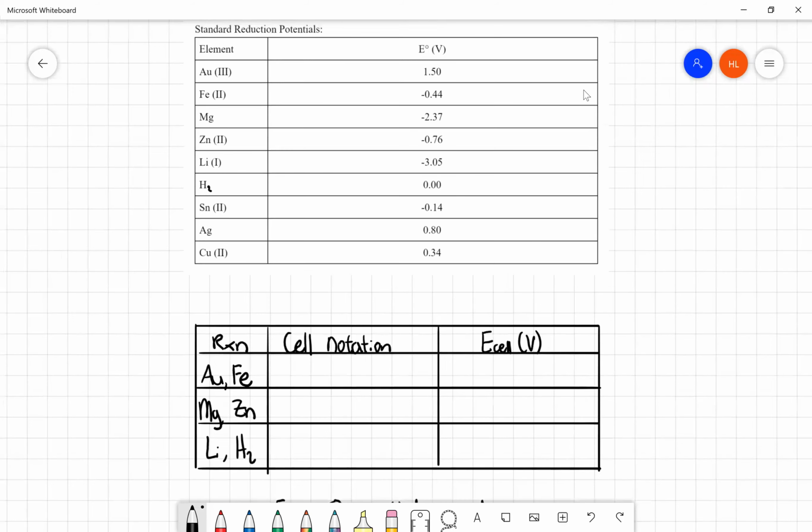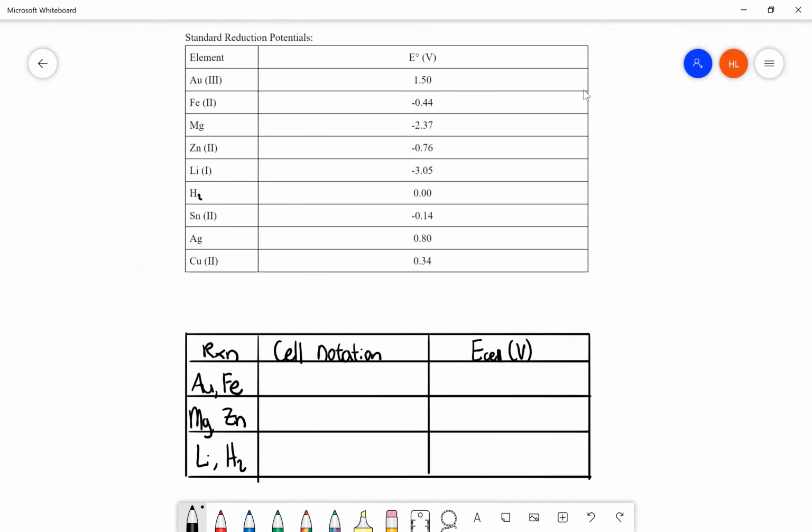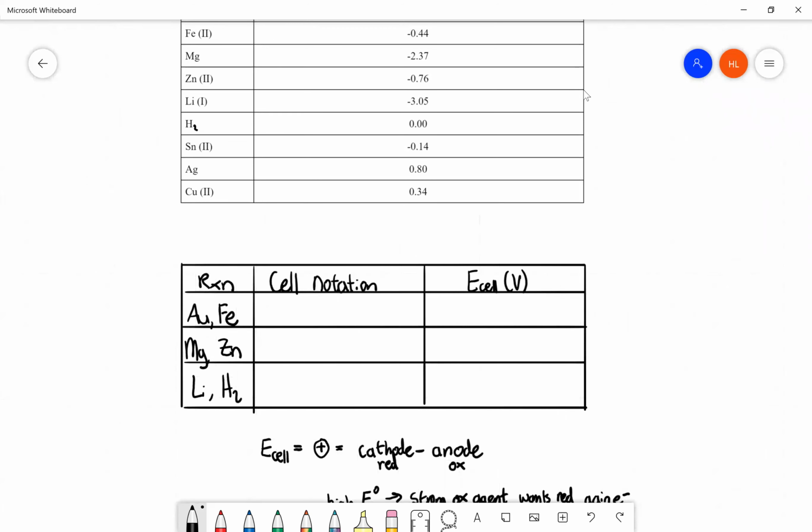So we are looking at gold and iron for our first reaction, and we go to the standard reduction potentials to see that gold is 1.5 volts and that iron is -0.44. In this case, we have to think of how we can get a positive number if we combine these two standard reduction potentials.